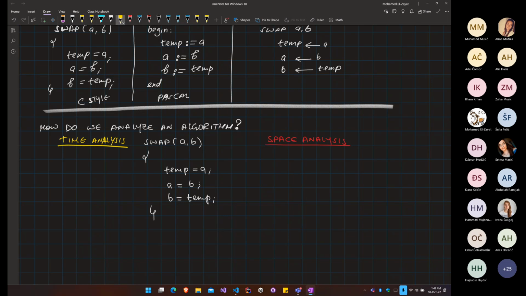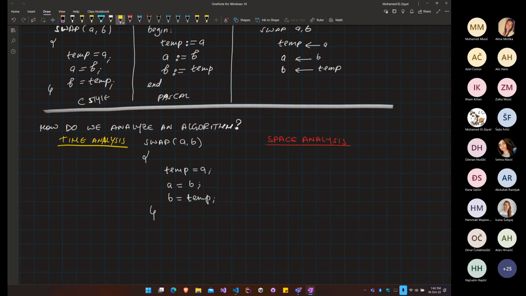That means if you have 4 instructions, you're going to have 4 hertz in order to execute them. One instruction takes 1 hertz, another instruction takes another hertz, a third instruction takes another hertz, and so on and so forth. So you get 4 instructions, 4 hertz.